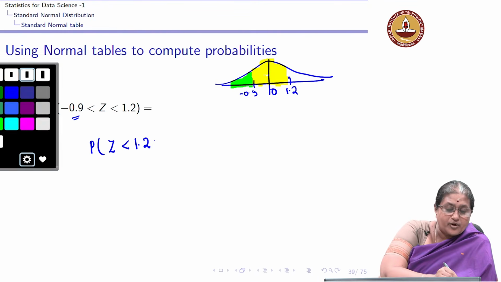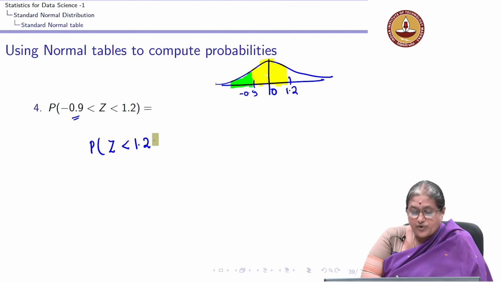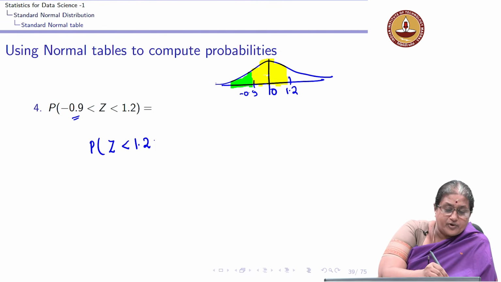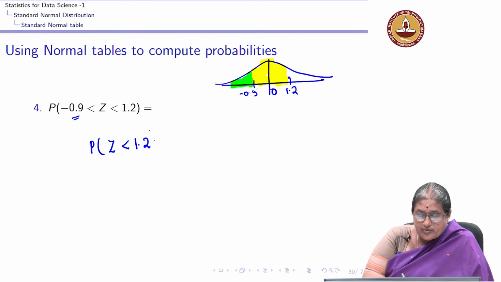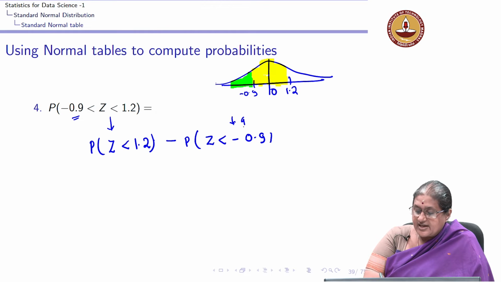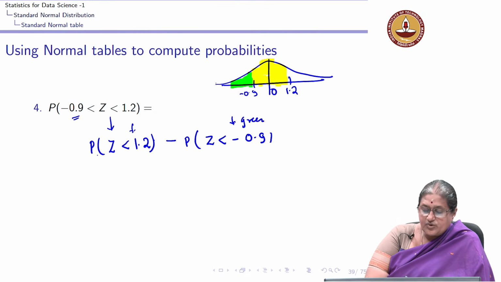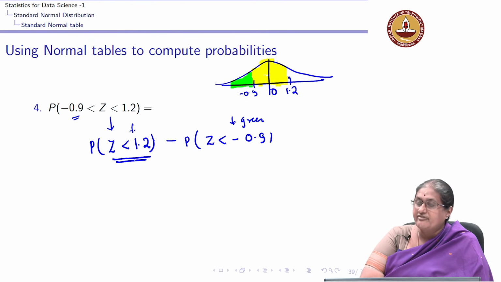The yellow probability is what I am going to get. I can write this probability as the probability z is less than 1.2 minus the probability z is less than 0.9. This is the green shaded region, and this would be the entire shaded region here. Now, z less than 1.2 I can get from my normal probability tables.